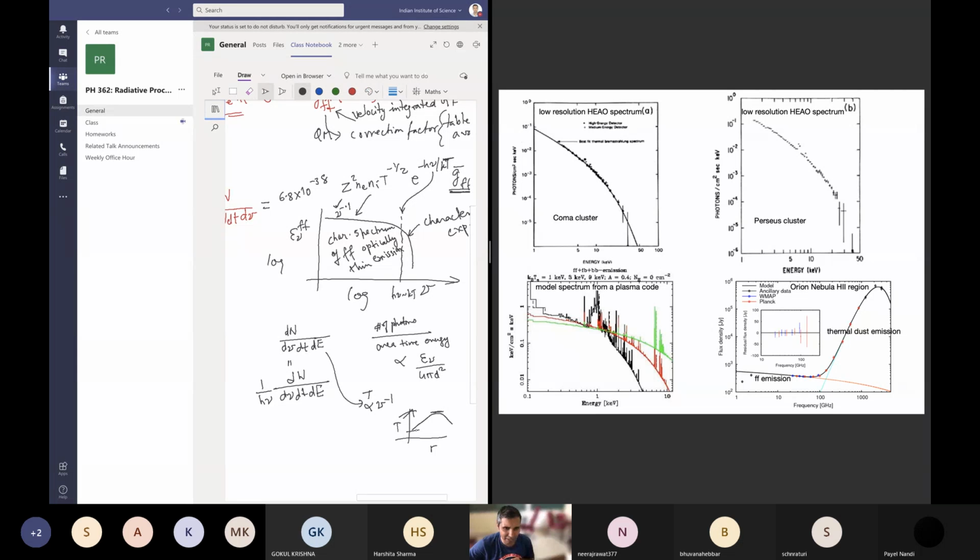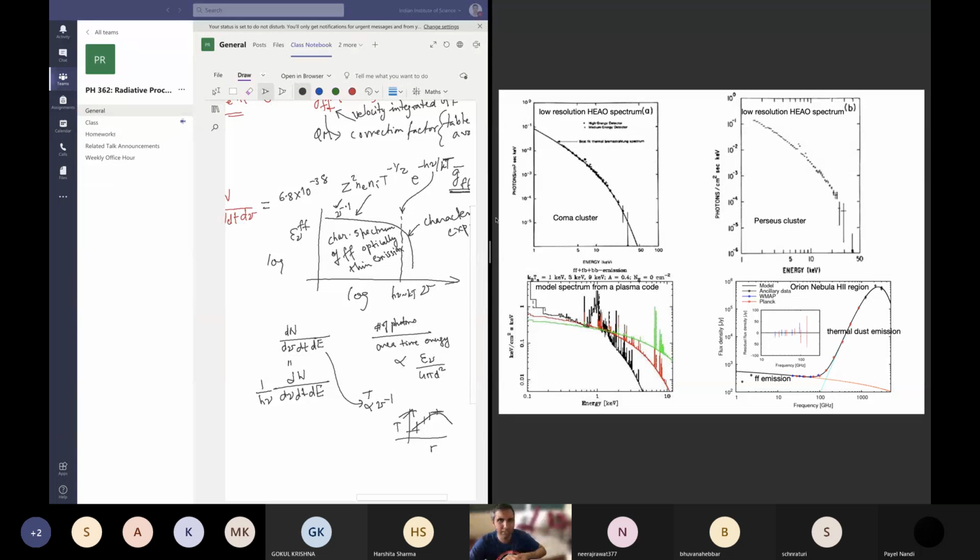But because of this temperature variation, it's like combining many single temperature plasmas to give this combined spectrum. And you see that there is a characteristic exponential cutoff at high energies.